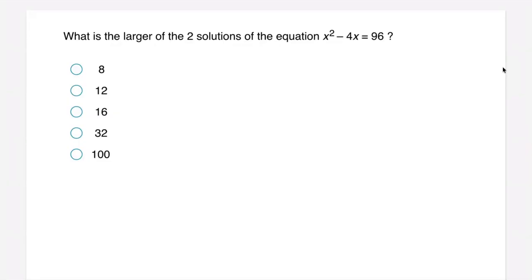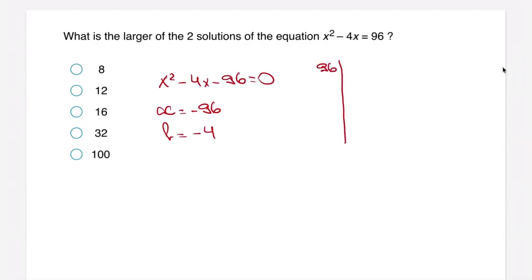So in another way, x squared minus 4x minus 96. So AC is equal to minus 96, because it's 1 times minus 96, and B is minus 4. I need to find two numbers whose multiplication is minus 96 and whose summation is minus 4. It's hard. I factorize by 2. 96 divided by 2, if it was 100, is 50, so it's 48.